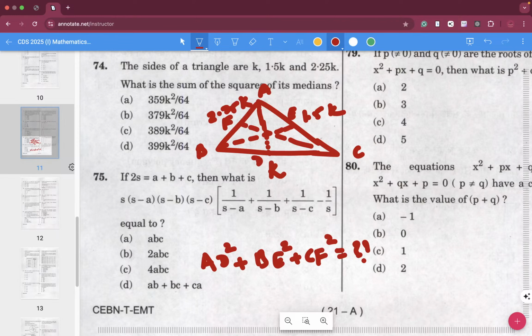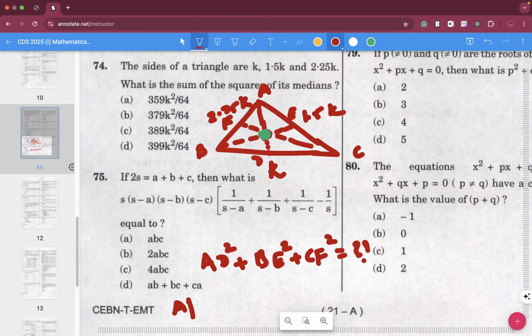For this type of question, whenever you see there is an intersection of medians, at the green point over here, we pull in something called Apollonius theorem.